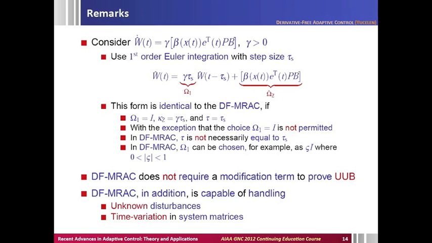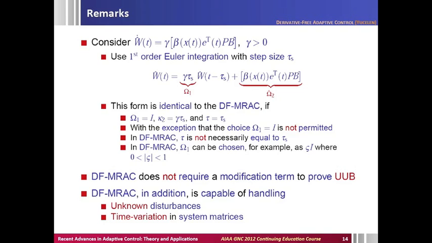Kappa 2 selected like gamma tau s, and also if we select the tau, the time delay design parameter of the derivative-free, to be same as the sampling time, then they are equivalent, otherwise not. Again, omega 1 identity is not permitted in DF-MRAC. Tau is not necessarily equal to tau s, and omega 1 basically again satisfies these conditions.